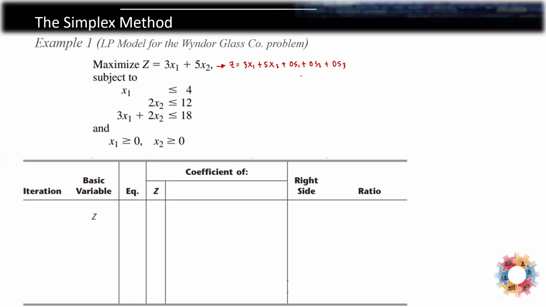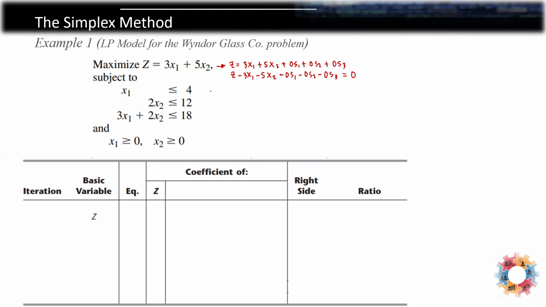And since we're going to put that in the table, the coefficients of your objective function as well as the functional constraints, we will place all the terms on the right-hand side to the left so that you get z minus 3x1 minus 5x2 minus 0s1 minus 0s2 minus 0s3 equal to 0, because we have placed all the terms from the right-hand side to the left side. So I have 0 on the right side now.